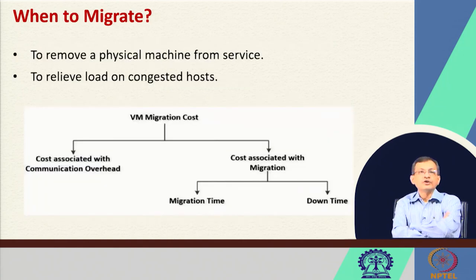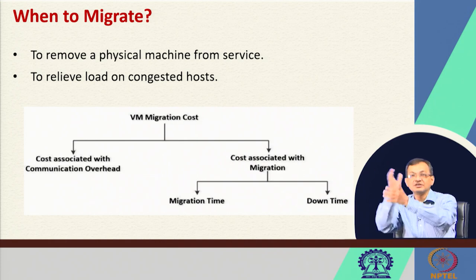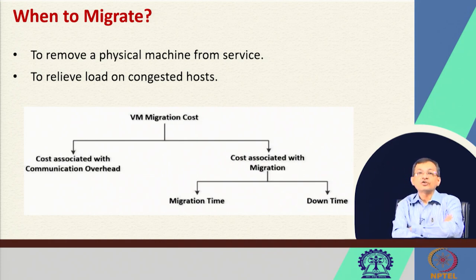So, when to migrate? To remove a physical machine from service, and to relieve load on a congested machine. For VM migration, there is a cost associated with the communication overhead, because if you are migrating the whole state and other things, there is a communication overhead, and a cost associated with the migration time and downtime.